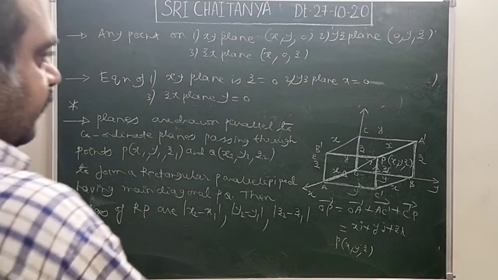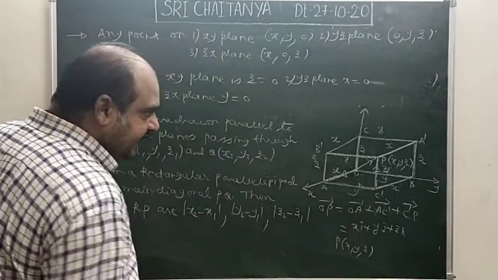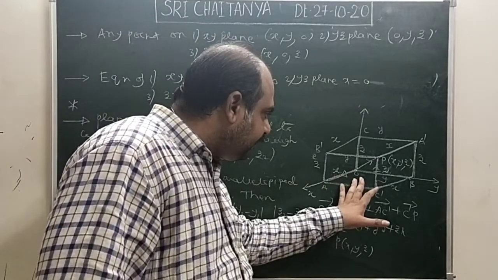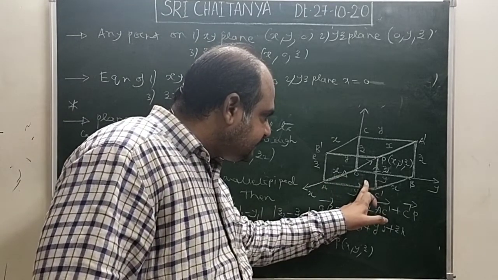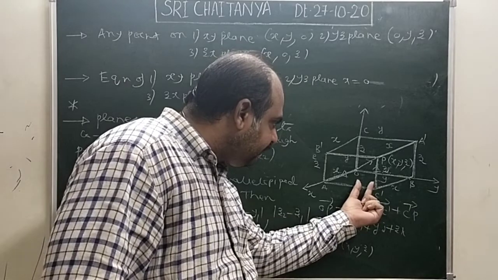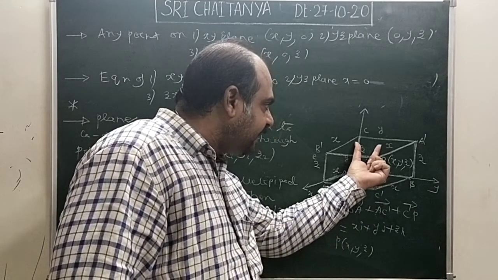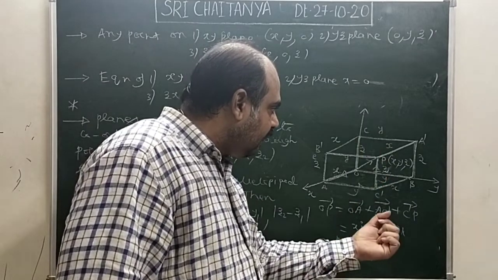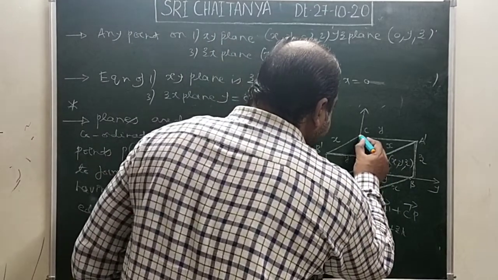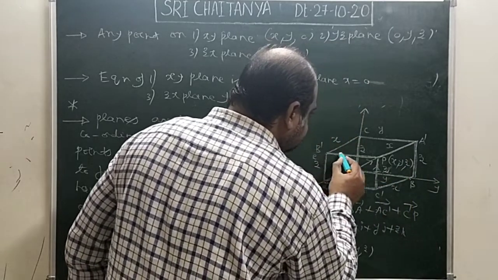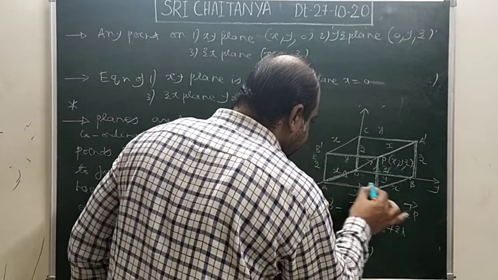Look at this rectangular parallelepiped. In this rectangular parallelepiped, this bottom face is the xy plane. Parallel to that is the face which is parallel to the xy plane. Now the yz plane is this. Opposite to this, there is a plane parallel to the yz plane.